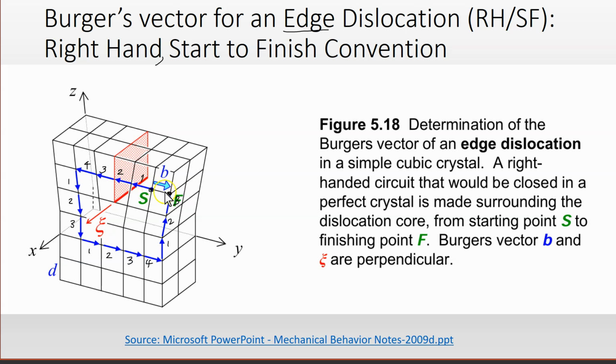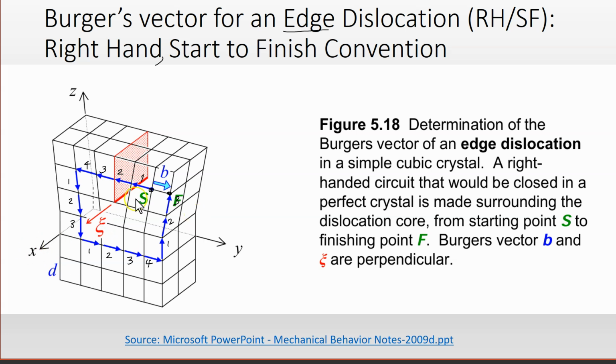The difference between the start and the finish gives us an idea of the distortion created by this dislocation. This vector, called the Burger's vector, points from the start location to the finish location. So that's how we determine what's called a Burger's vector.